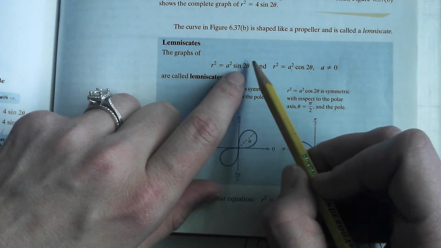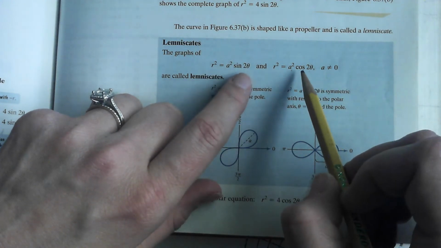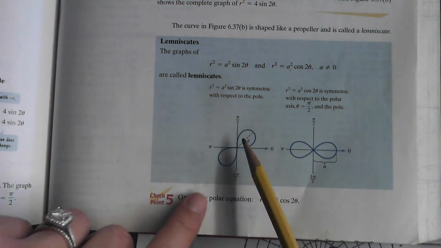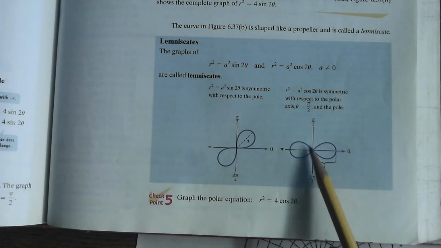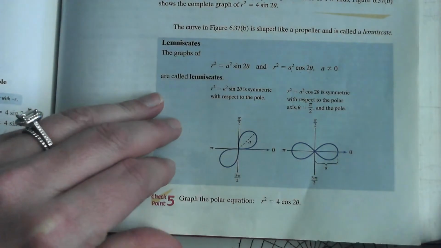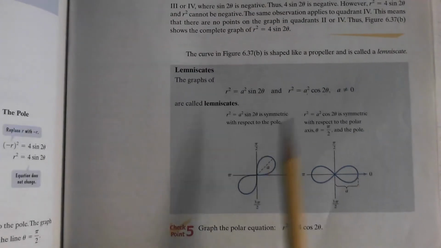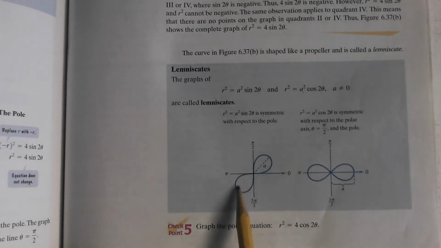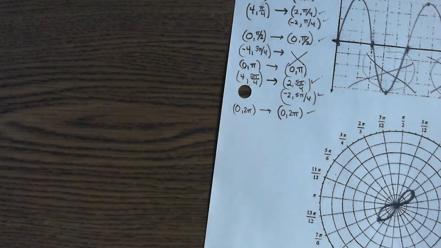So it's got a period of pi in both situations. The sine ones are infinity symbols kind of diagonally oriented, and the cosine ones are infinity symbols oriented horizontally. So that is the expectation with lemniscates, is that they are diagonal. I don't think it has to be diagonal first and third. It could be diagonal second and fourth. I think. I have to think about that.